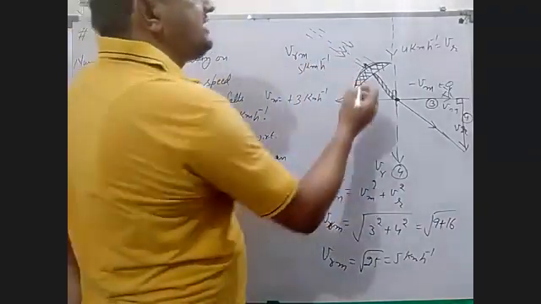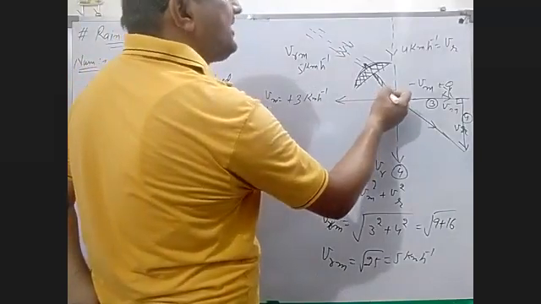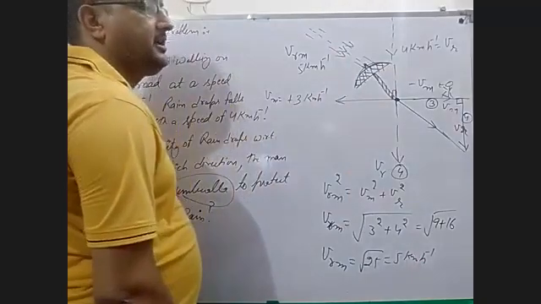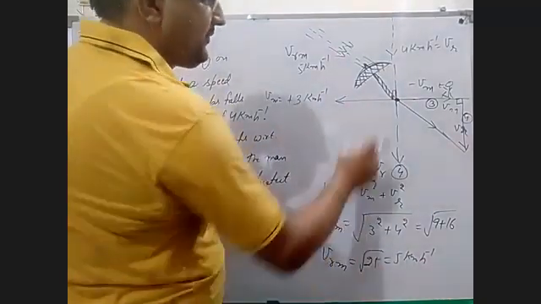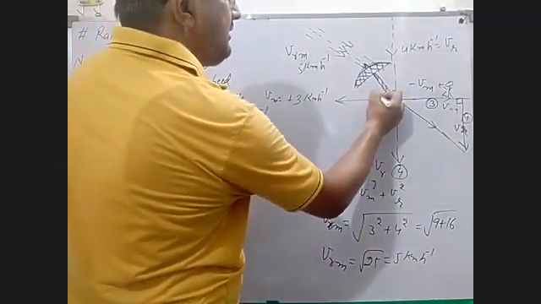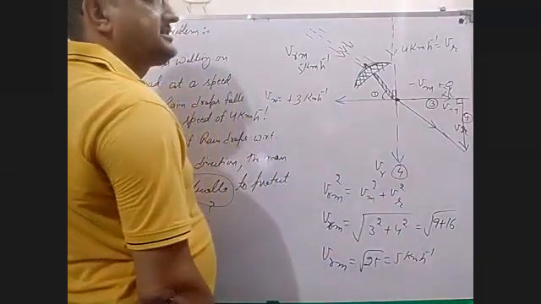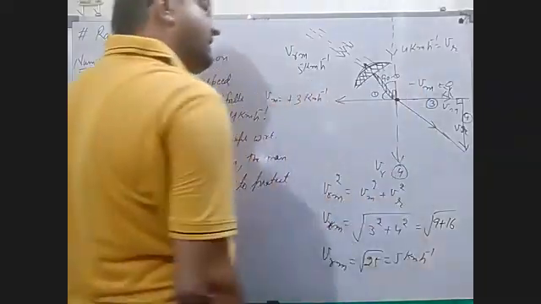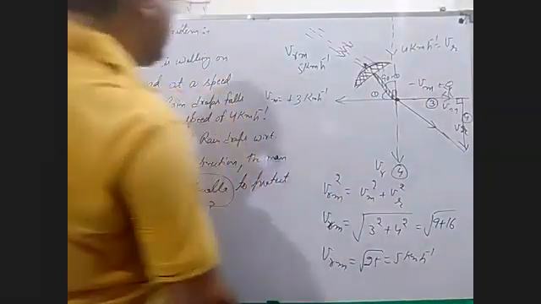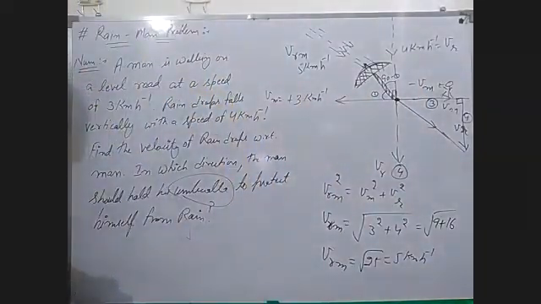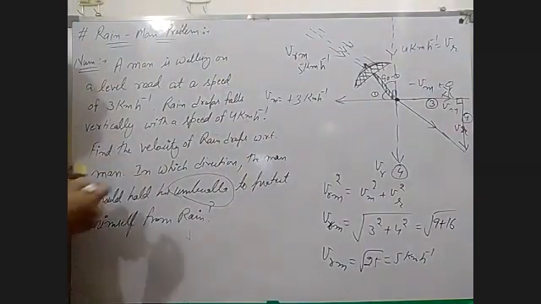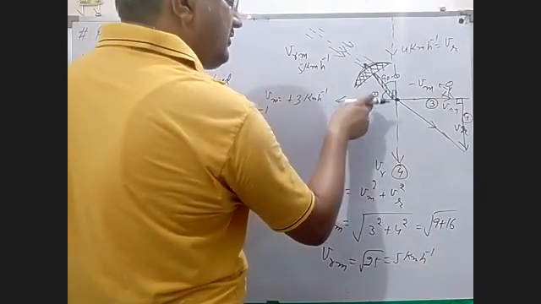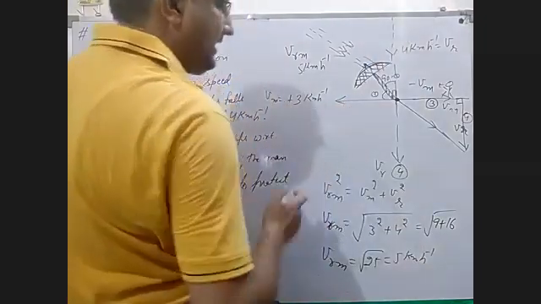But now the question is this: in what direction should the umbrella be held by this man? In what direction? You can determine this angle theta or 90 minus theta. Any angle you can determine in this situation, but you have to tell in the end whether this angle is along with the direction of man or rain.